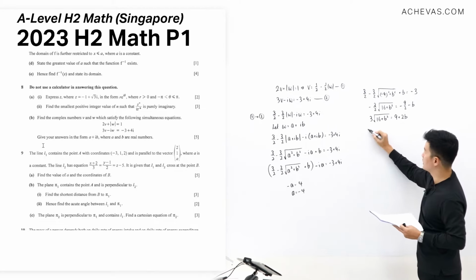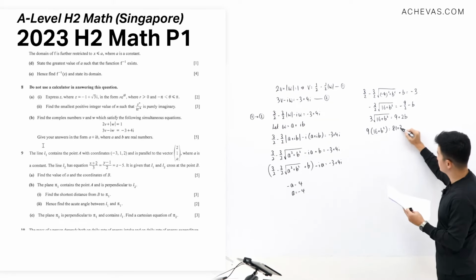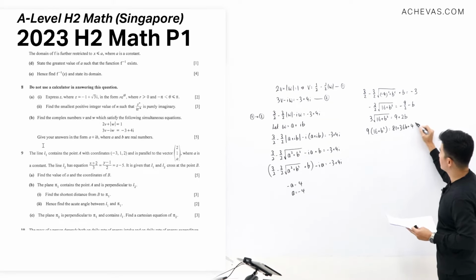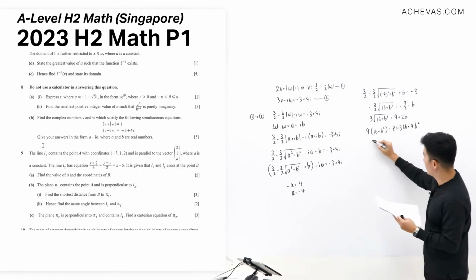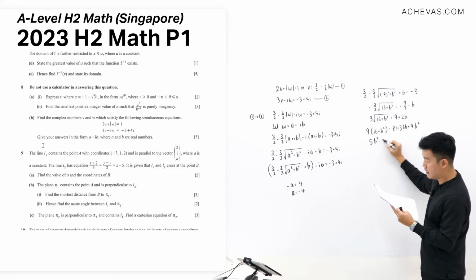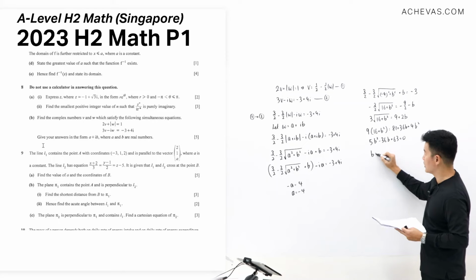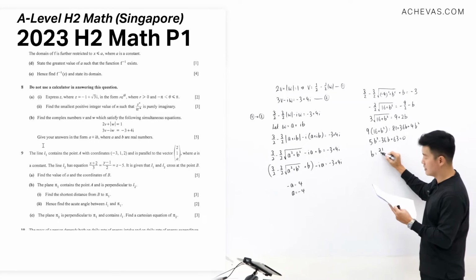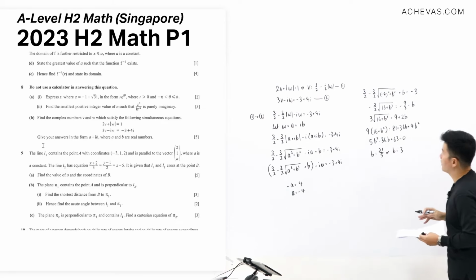Let me square both sides, which gives 9 times 16 plus b square on the left, and 81 plus 36b plus 4b square on the right. Moving everything over to one side, we have 5b square minus 36b plus 63 equal to 0. Solving for b, b is either 21 over 5 or b is equal to 3.